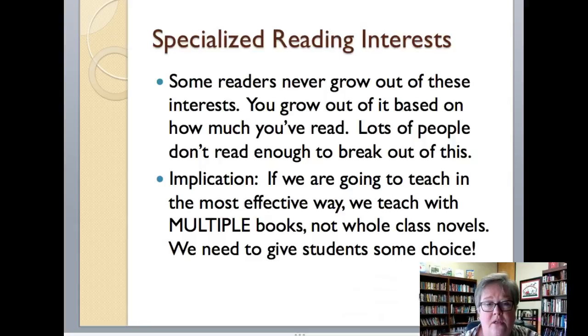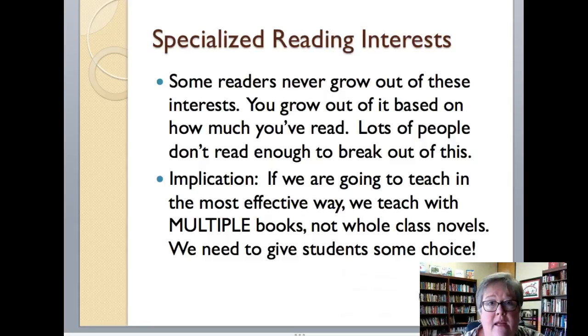The implication here, the takeaway, is that if we're going to teach in the most effective way, we need to teach with multiple books, not with whole class novels. We need to give students some choice. One way to break that down is maybe here's a book that we're all going to read together.